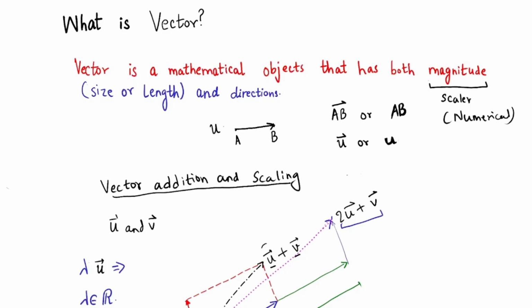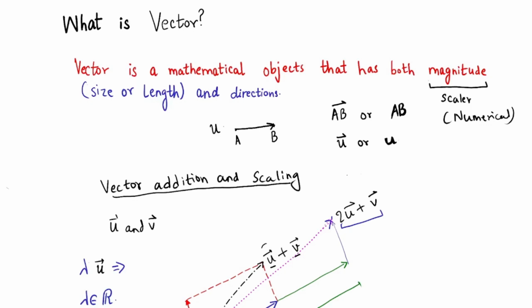So a vector is represented using the following notation. Let's say we have to represent vector u, which is given the name AB, where A is the initial point or the tail and B is the terminating point. This can be represented with an arrow, an upward arrow, or a bold character.